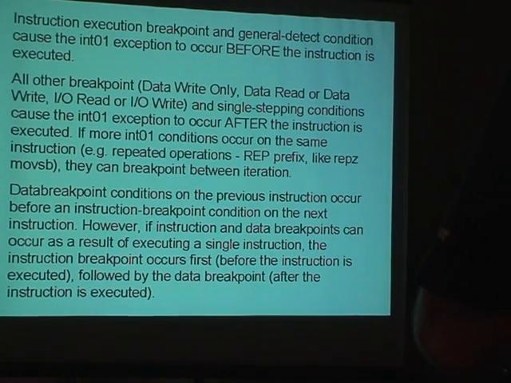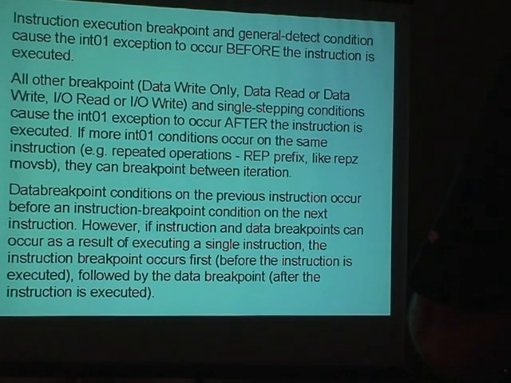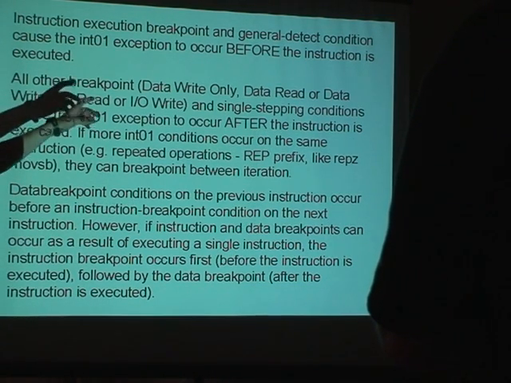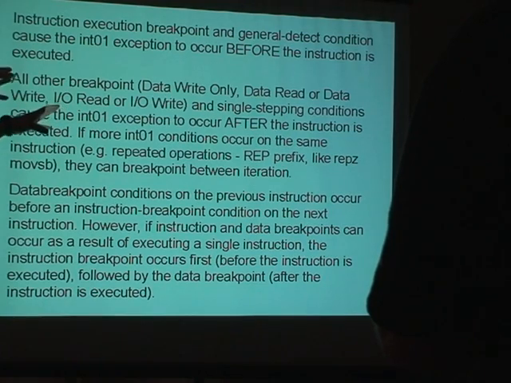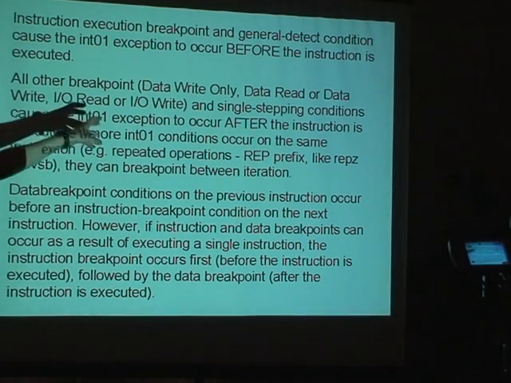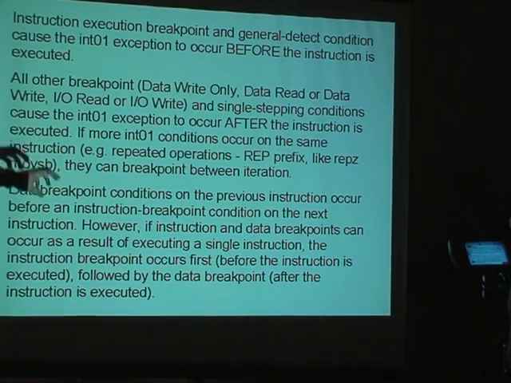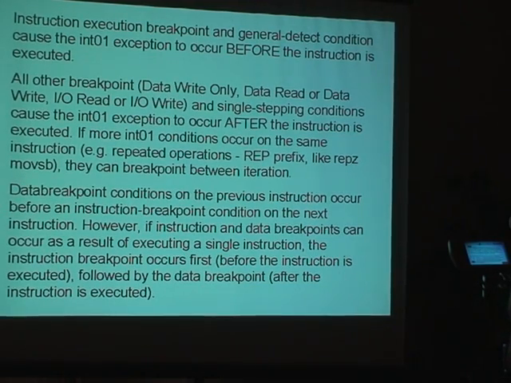Instruction execution breakpoint and the general detection condition cause the interrupt 1 exception to occur before the instruction is executed, and the others are triggered just after the instruction is completed.